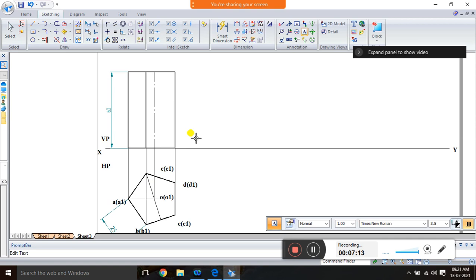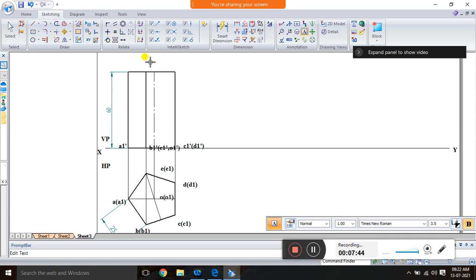So right here, A1 dash visible, okay, and here C1 dash visible, in bracket you have to write D1 dash, and here you have to write B1 dash visible, and similarly E1 dash not visible, as well as O1 dash also not visible.